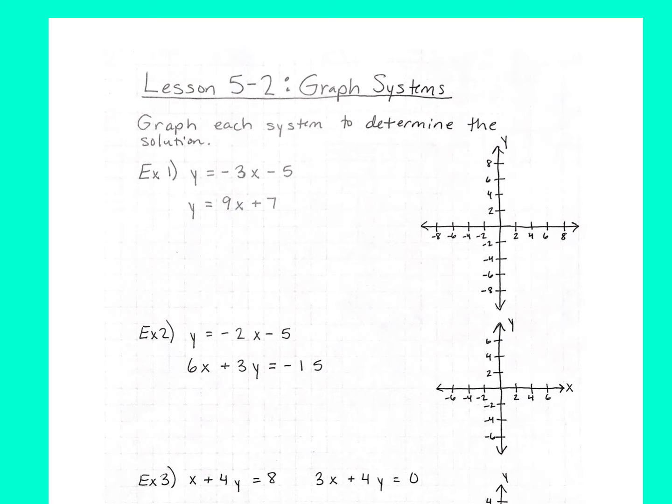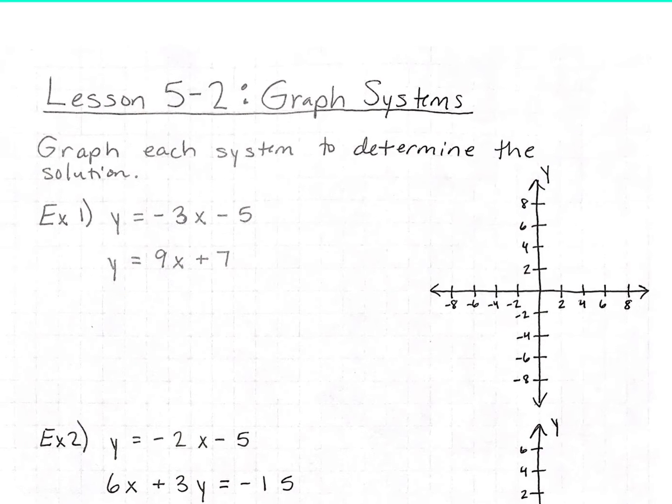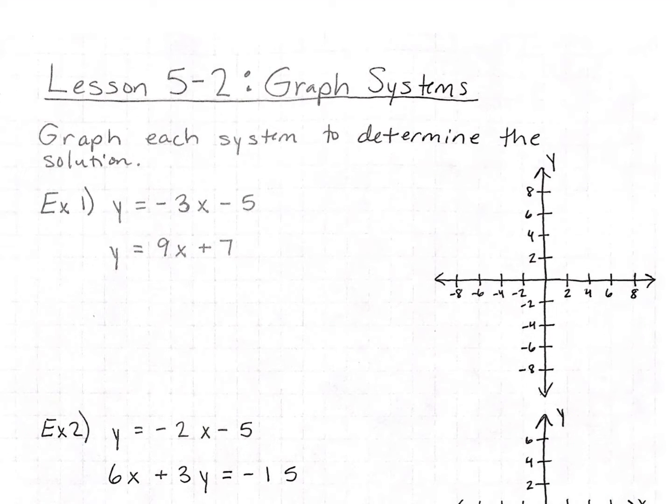Starting with example 1, it says y equals negative 3x minus 5 and y equals 9x plus 7. On that first equation, I'm going to label it 1 to say it's the first equation. m is negative 3 and b is negative 5.